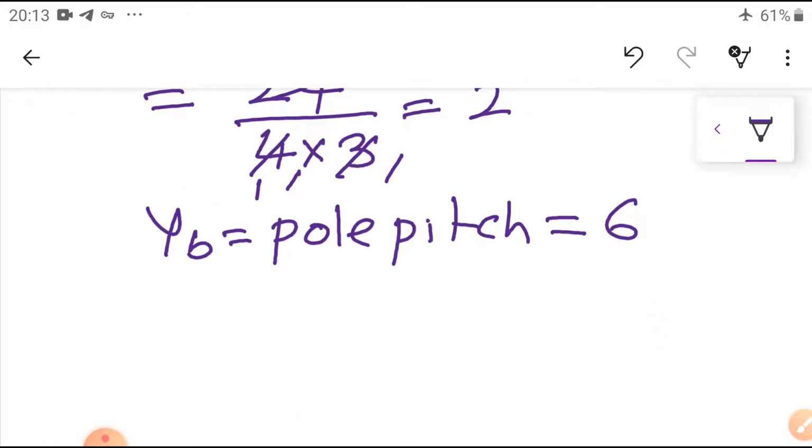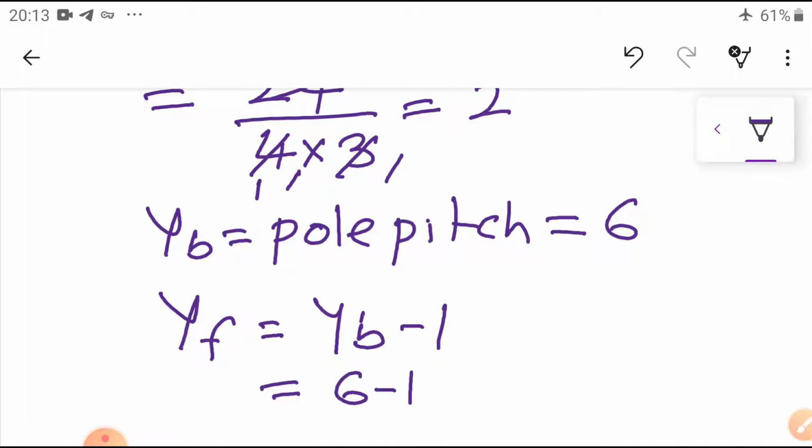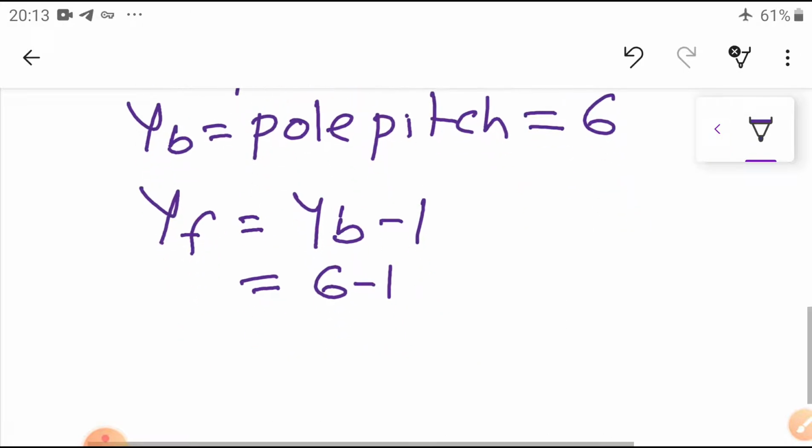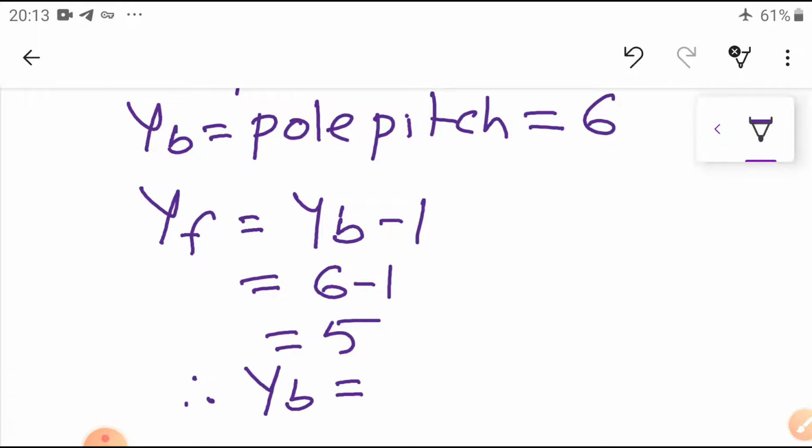Then we know the formula, the front pitch is equal to YB minus 1. So back pitch is 6 minus 1, which is equal to 5. Hence the back pitch is 6 and the front pitch is 5.